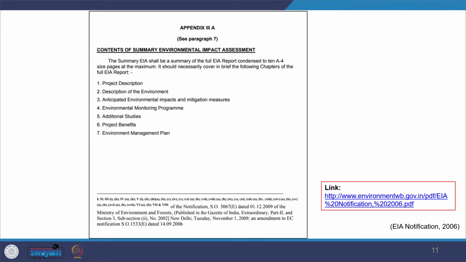All these things would also be there in the summary part, and the summary is said to be very important because most of the time this would be read frequently in any report.